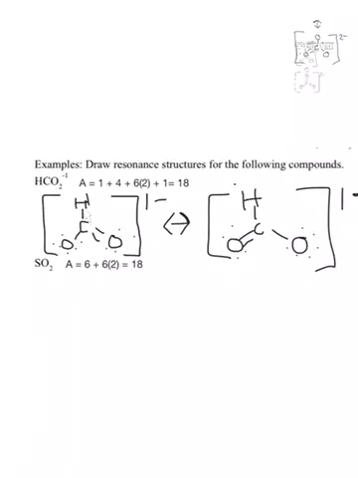That is because hydrogen cannot form a double bond. Remember, hydrogen is an exception to the octet rule. It only wants 2 electrons around it. So for the resonance structures here, there's only 2, because there can be a double bond between carbon and this oxygen, or a double bond between carbon and this oxygen.